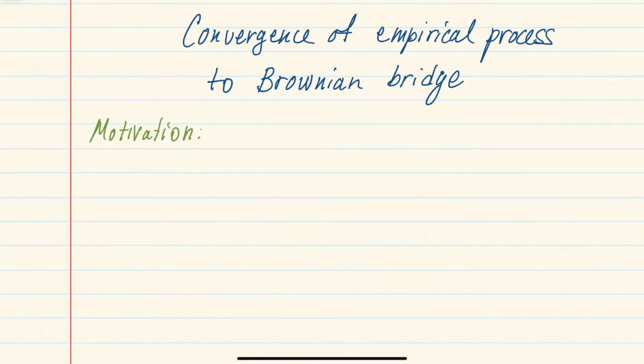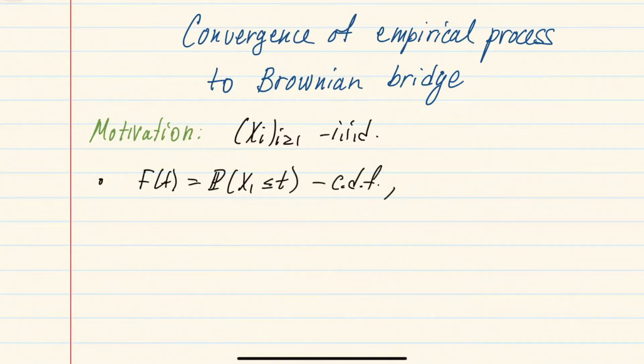So we start by considering some IID sequence of random variables, xi, and then let F(t) be its cumulative distribution function, for t on the real line.